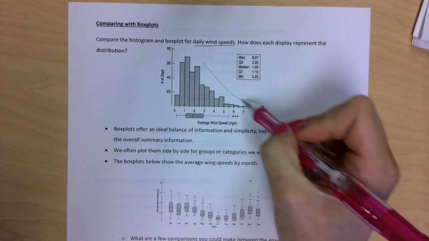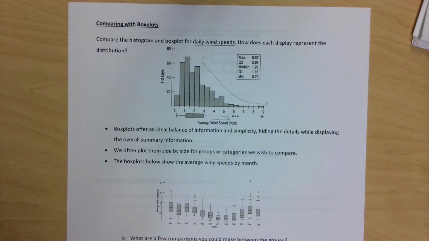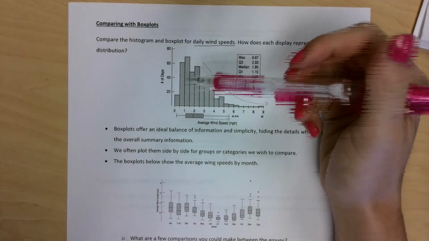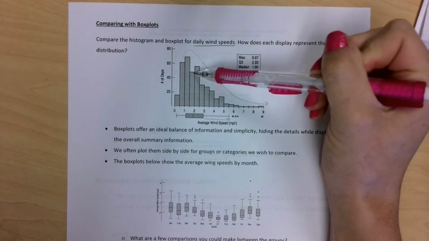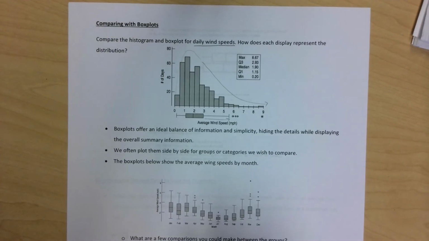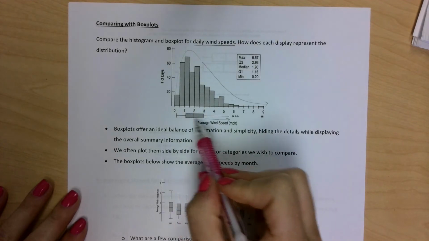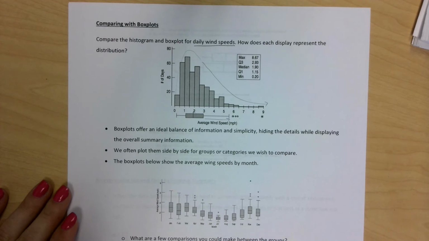I'm noticing that this data is pulling towards that right-hand side, regardless of whether I'm looking at the box plot or the histogram. A benefit of looking at the histogram is that I can see that there's one mode here. There's just definitely one general hump. I can't really tell exactly where the mean or the median would be located. Based on my box plot, I can see the median a little bit more clearly.